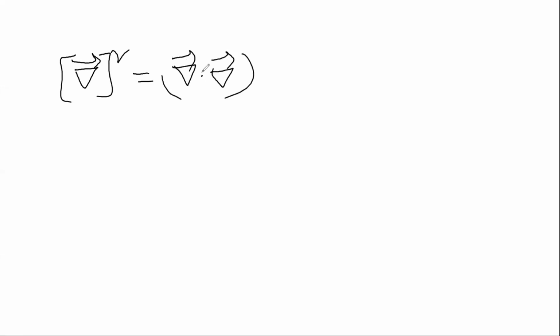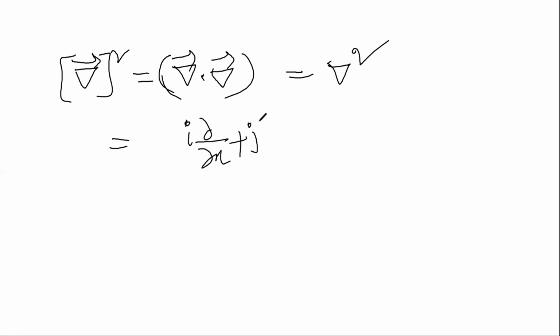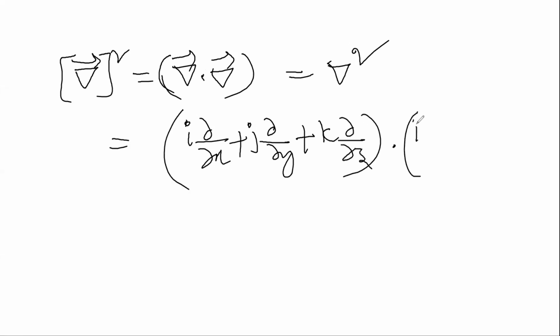Then we have del square, that is del dot del. What is the dot product between any two vectors? It is a scalar, right? So we can write del square as (i dou by dou x plus j dou by dou y plus k dou by dou z) dot (i dou by dou x plus j dou by dou y plus k dou by dou z).